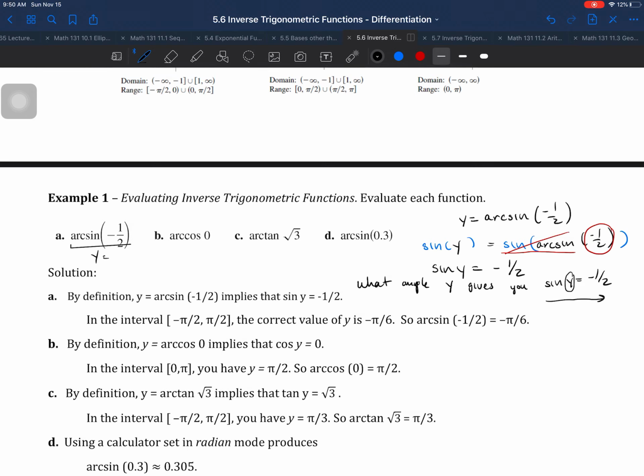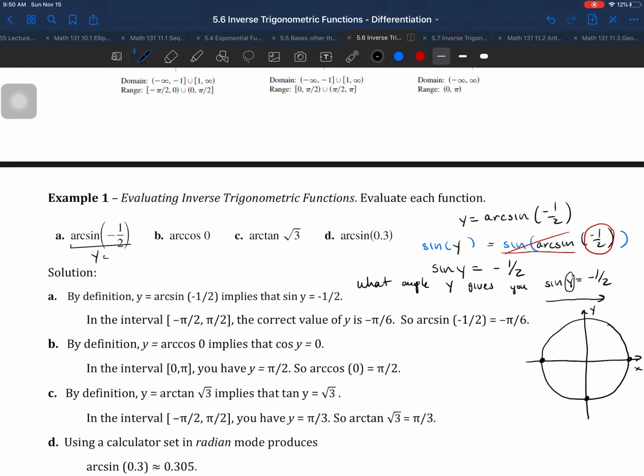So we're going to refer to the unit circle and see what angle gives you a sine of negative 1/2. It's negative, so it must be below the axis. We know that here sine is 0, here sine is negative 1, and sine is 0 over there.